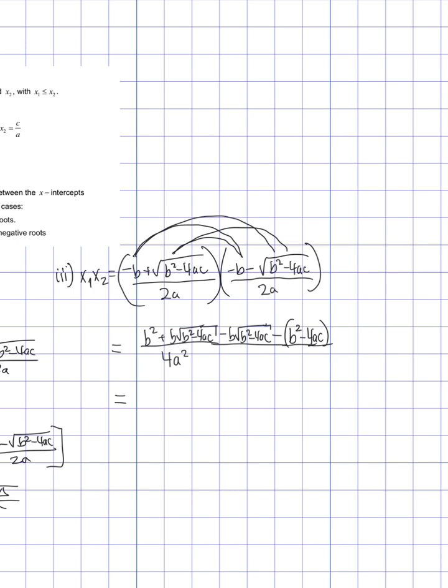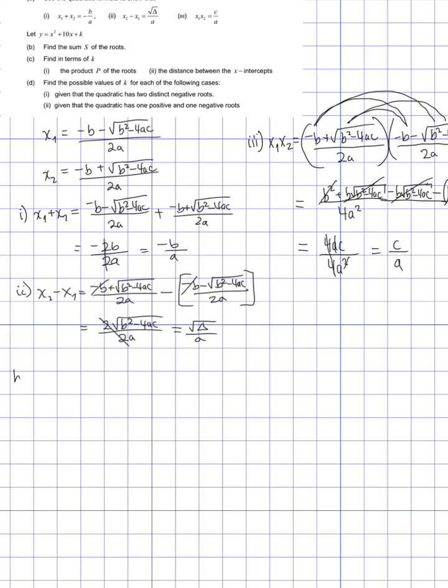So now the b squareds will cancel, this will cancel, and we're going to have a positive 4ac over 4a squared. The 4's cancel, one a cancels, so we have c over a.